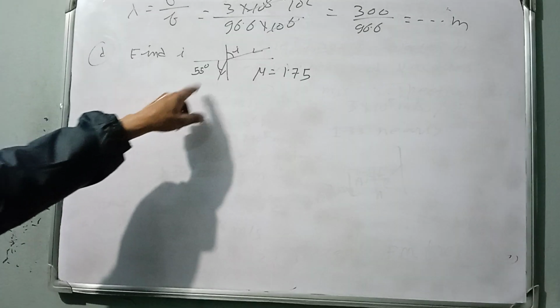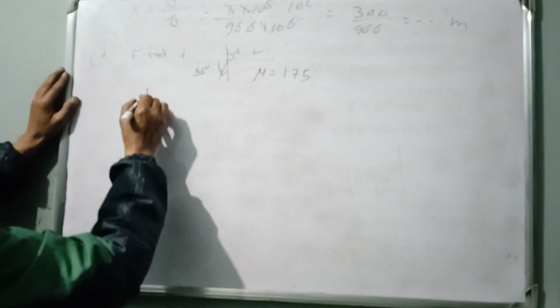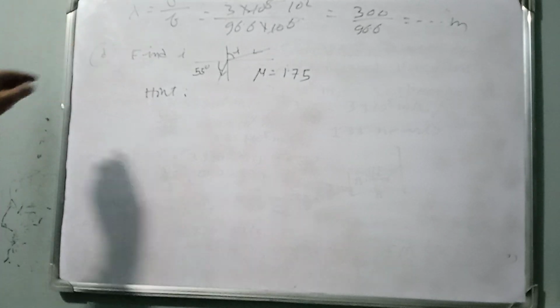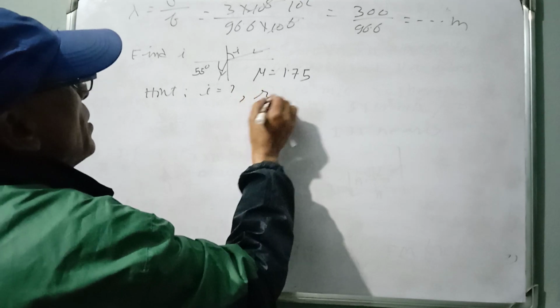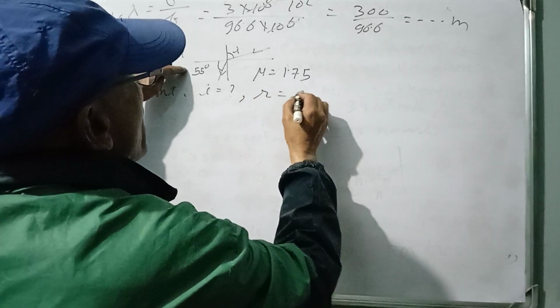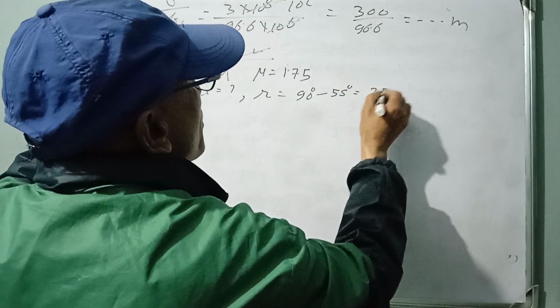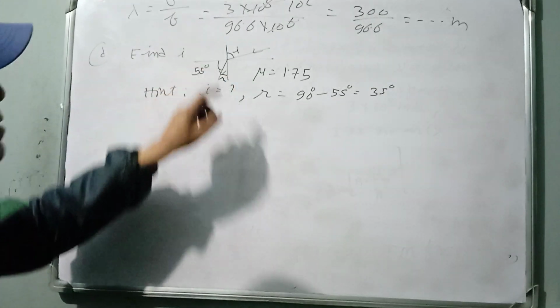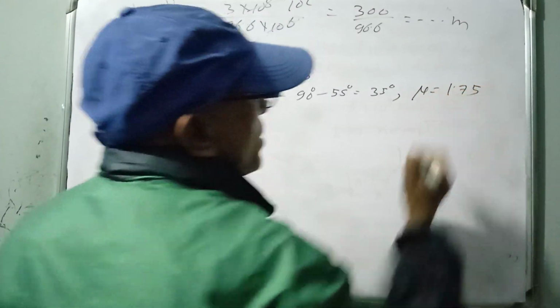You can easily find sin I by sin R, mu. Hint. What is the hint of this? I have already solved such questions, but I equal angle of incidence. What? Angle of refraction is 90 minus 55, 35 degree. This is the angle of refraction, not this. And refractive index is given 1.75.